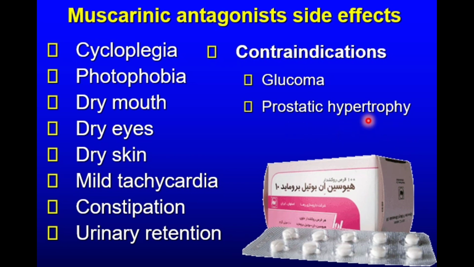Another problem, particularly in the elderly, is the risk of precipitating glaucoma due to paralysis of the ciliary muscles. Therefore, all muscarinic antagonists are contraindicated in patients with a history of glaucoma or prostatic hypertrophy.